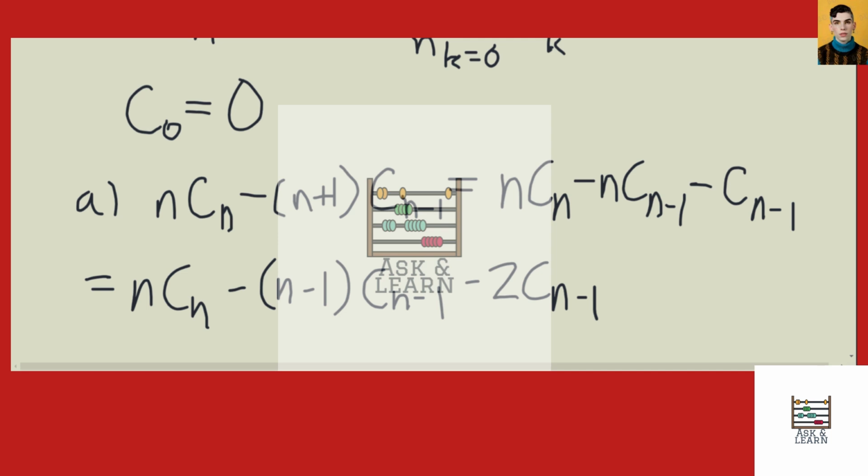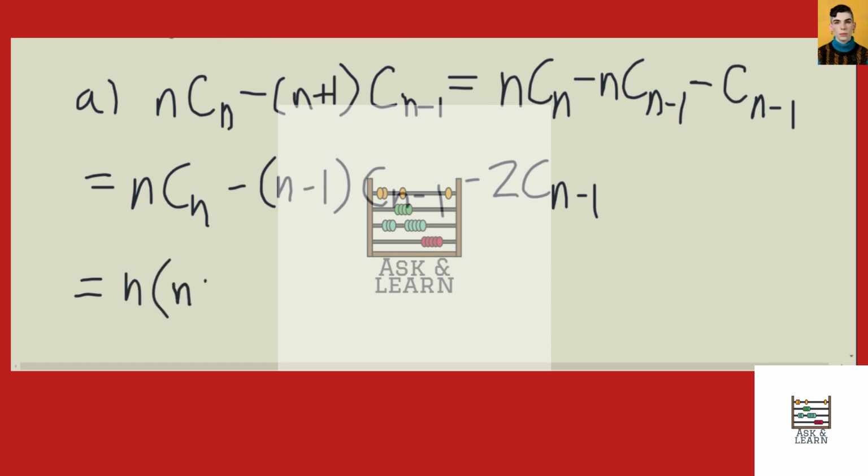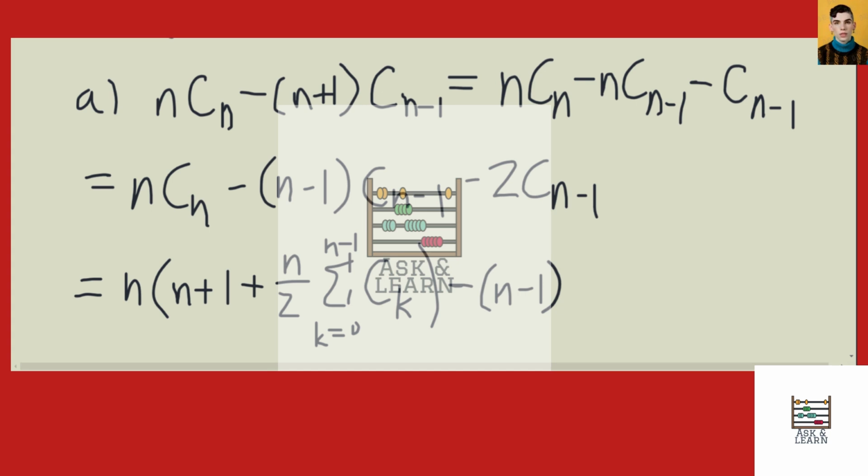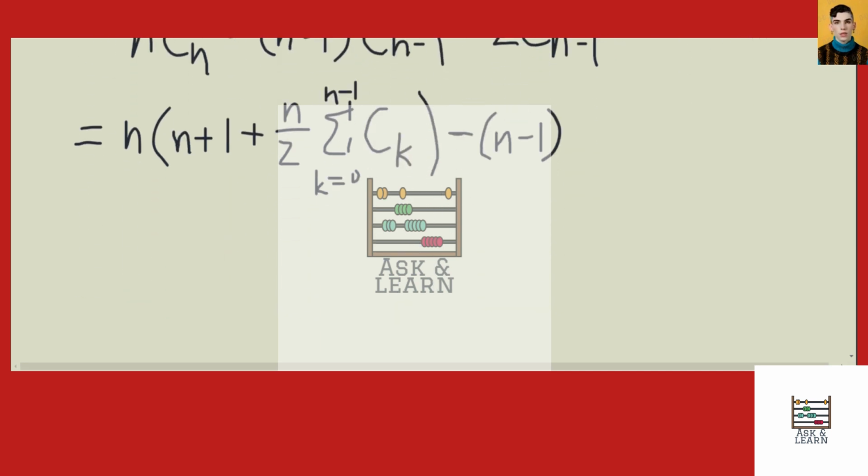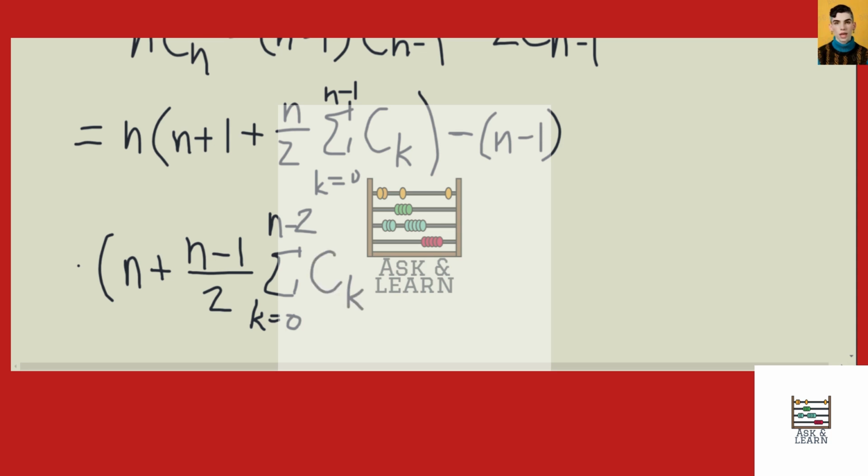and using the formula we're given for Cn, this is equal to n times n plus 1 plus n over 2 times the sum from k equals 0 to n minus 1 of Ck, minus n minus 1 times, and again, we use the formula, n minus 1 plus 1 is simply n, plus n minus 1 over 2 times the sum from k equals 0 to n minus 2 of Ck.